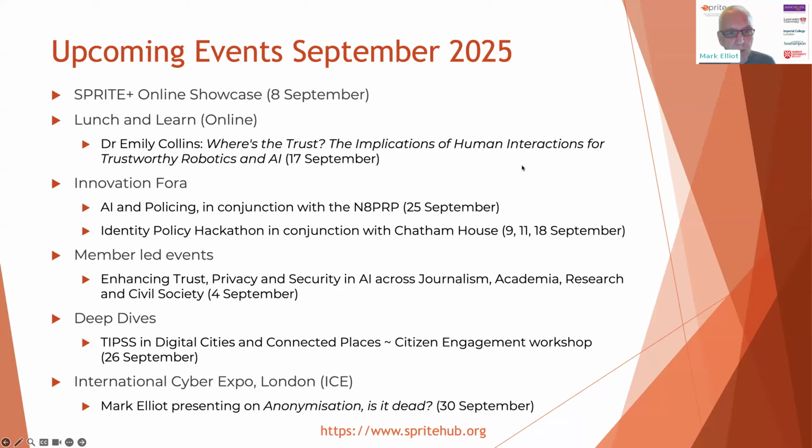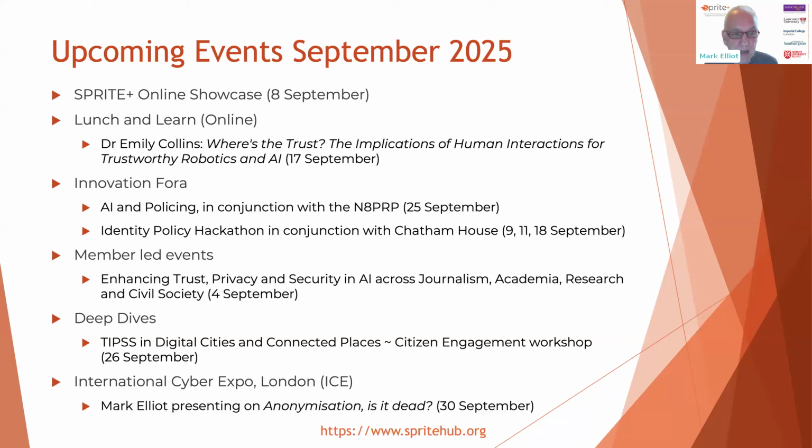We have one of our innovation fora on the 25th of September, AI and policing, in conjunction with N8PRP. And then a hackathon on identity policy, so policies of identity systems, in conjunction with Chatham House, starting next week over three sessions.